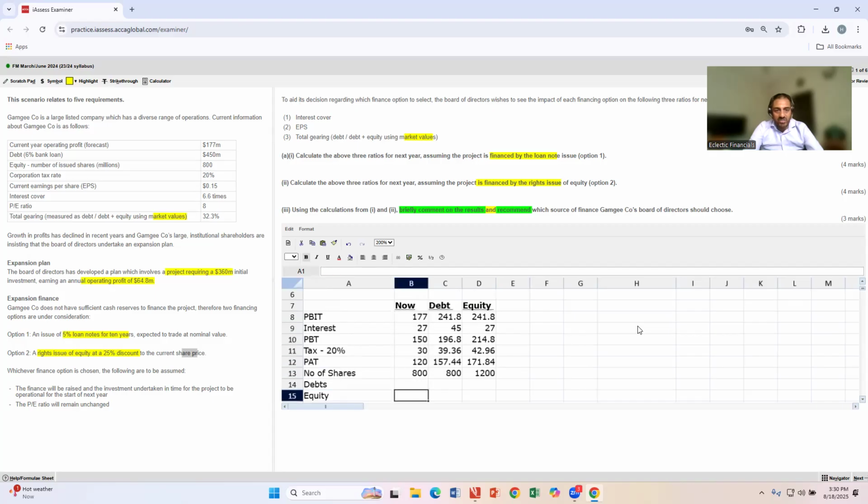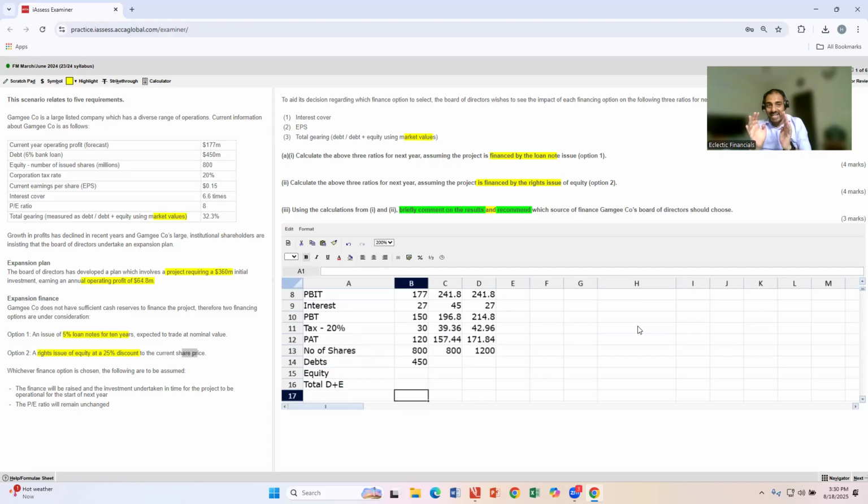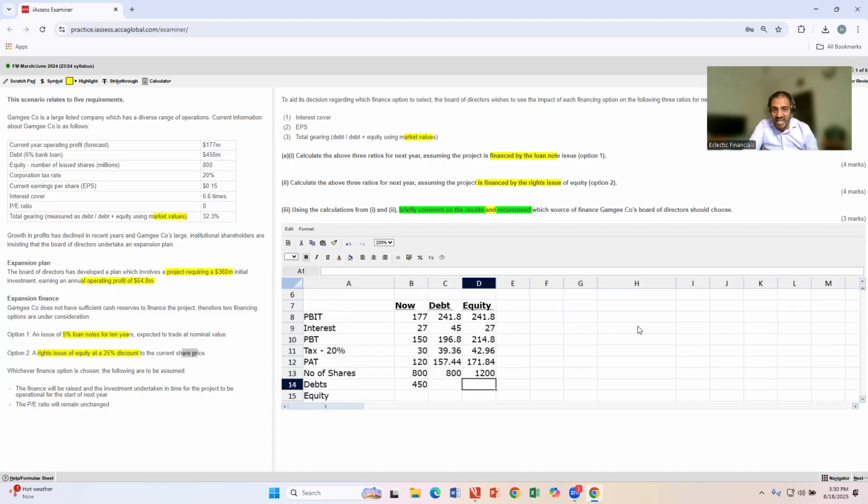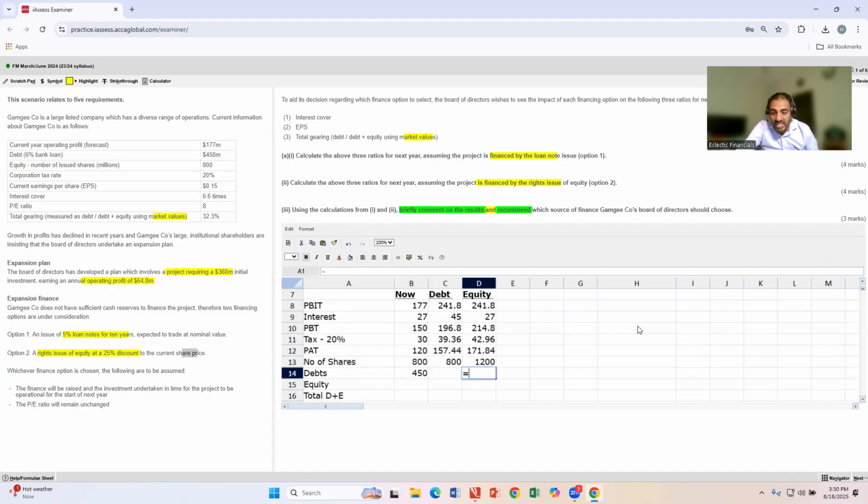Existing debts is 450. If you go with equity finance, your debts remain the same because you will arrange 360 from equity finance.